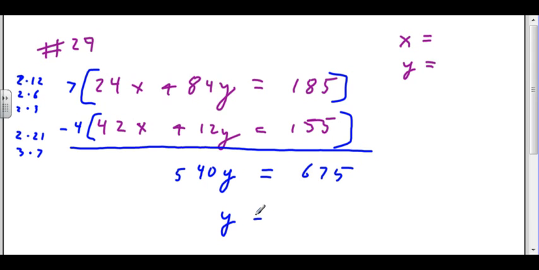So y is 675 divided by 540. You got your answer for your X and your Y.